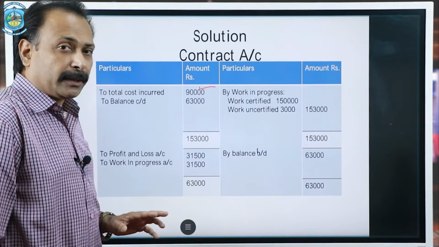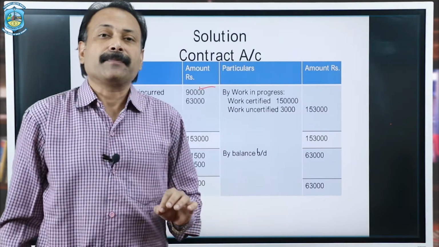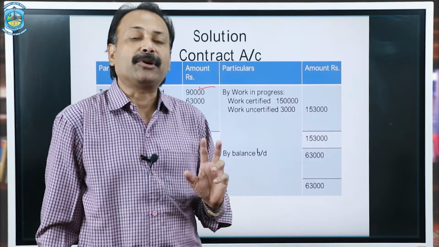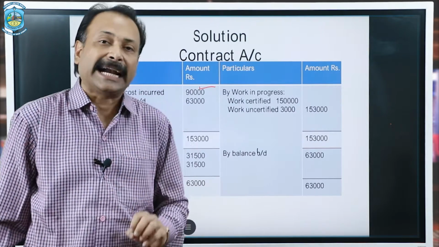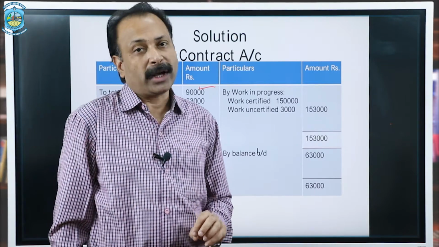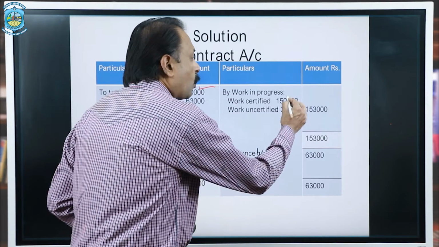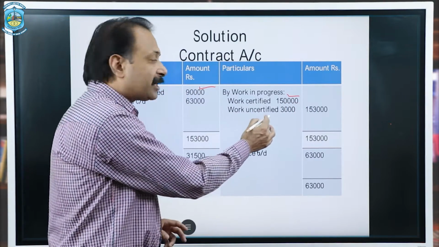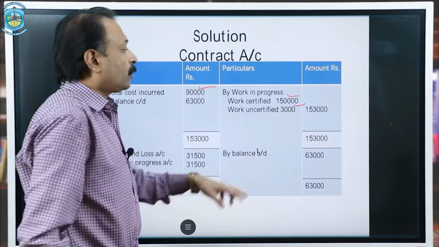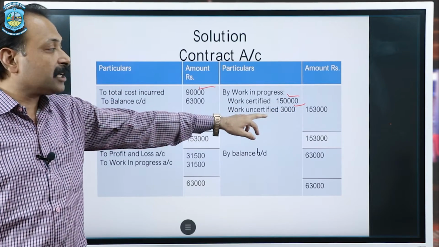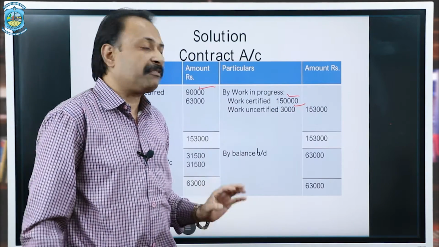Then by work in progress, because the work is not completed in this question, we have to divide work in progress into 2 parts, work certified and work uncertified. Work certified is 1,50,000 rupees, work uncertified is 3,000 rupees. So 1,50,000 plus 3,000, the total becomes 1,53,000 rupees.